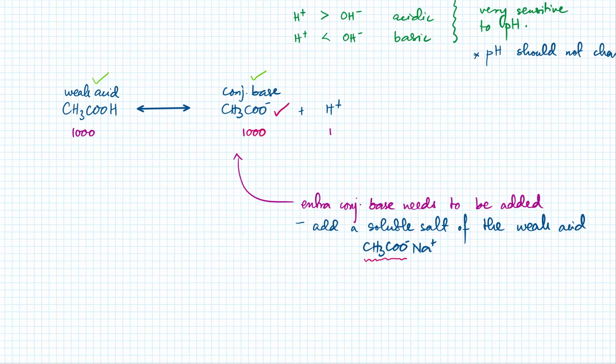And the other thing that I can do is neutralize some of the weak acid. So some of the weak acid needs to be neutralized by adding NaOH or some alkali.